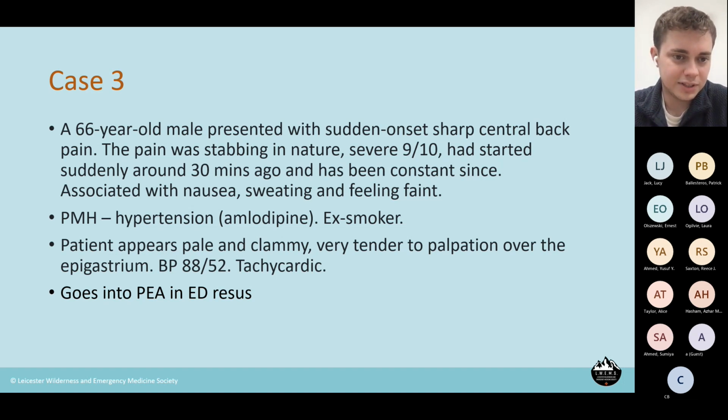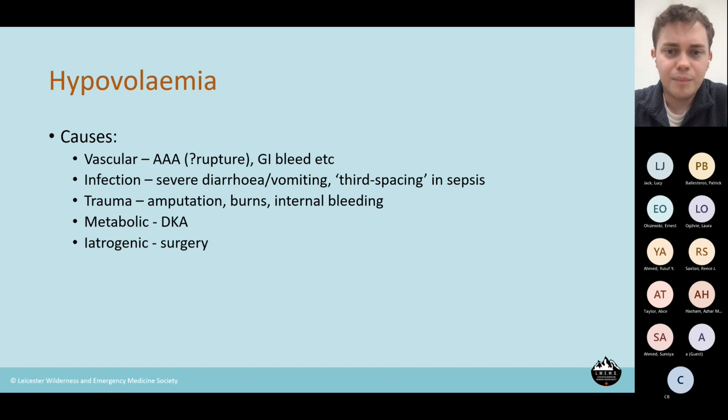So that's the first thing we'd want to consider. With hypovolemia, there's a loss of blood volume, and that leads to a decrease in cardiac output. So hypovolemia can result from various problems. You can get bleeding from vascular ruptures, so an AAA or GI bleed. Severe dehydration, diarrhea and vomiting can all cause it as well.